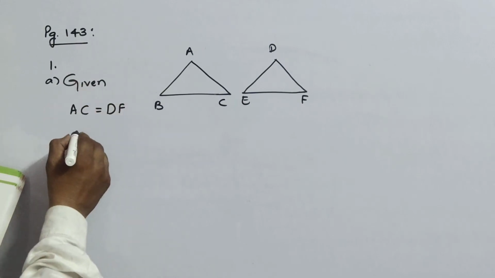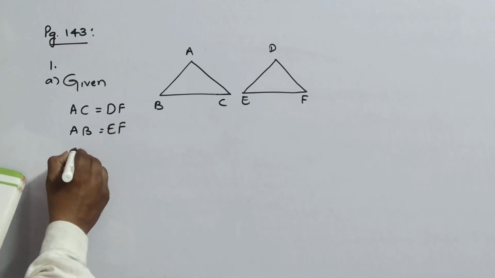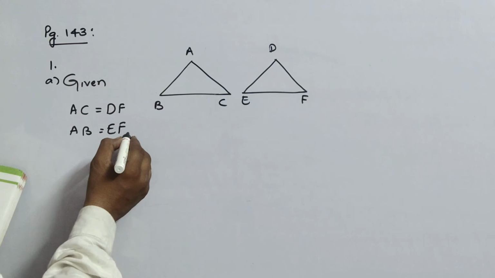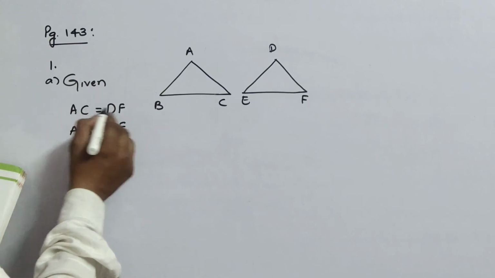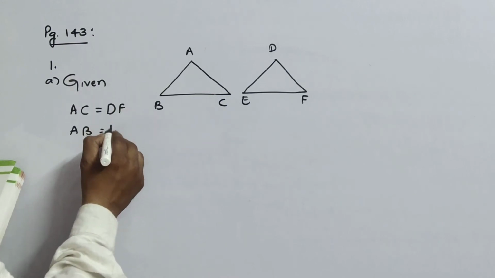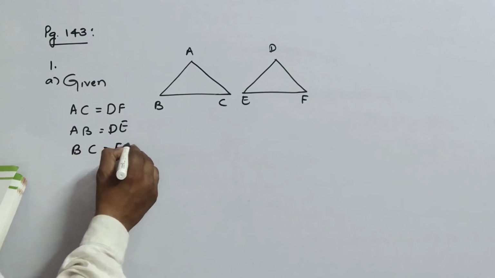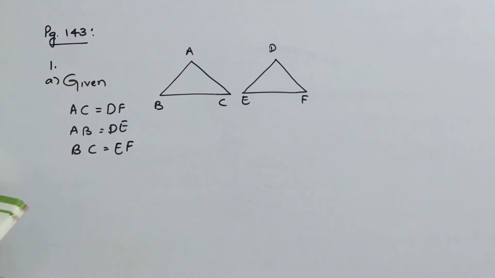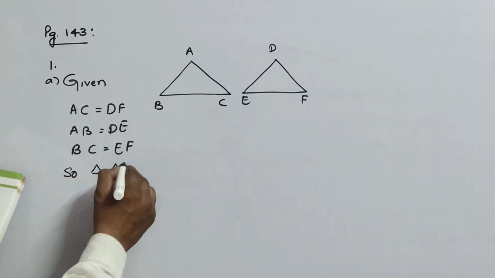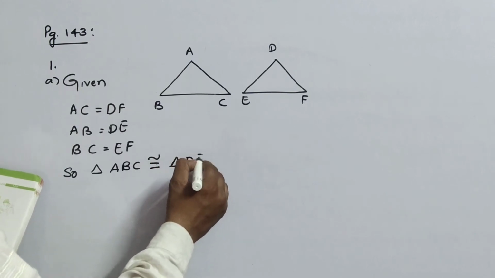AC equals DF, AB equals DE, BC equals EF. Like this is given, and it is given like this also: triangle ABC congruent to triangle DEF.